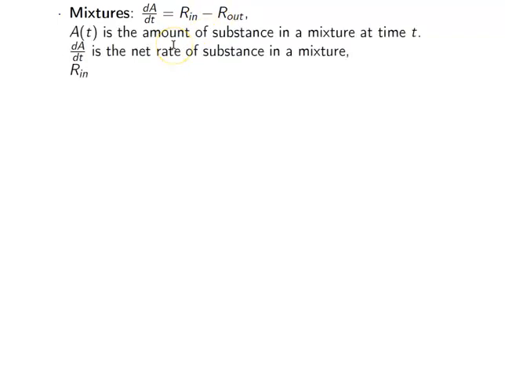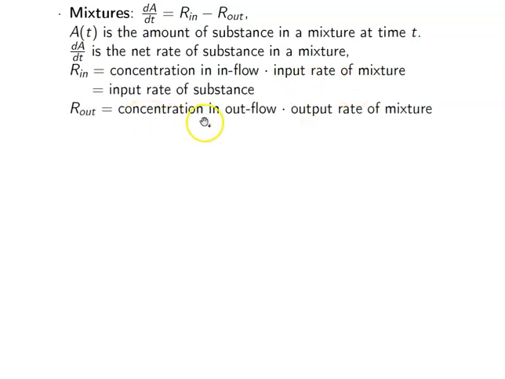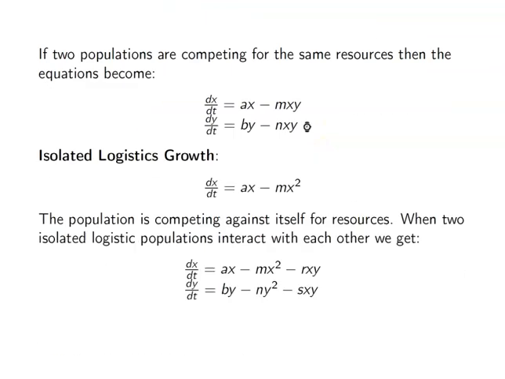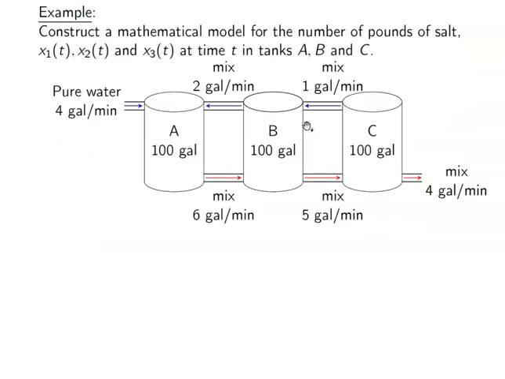And what is the rate in? The rate in is the concentration in my inflow times the rate of input. R out is the concentration out times the output rate. So for tank A, for x1, coming in I have 0 salt, so the concentration is 0, and that's coming in at 4 gallons per minute.